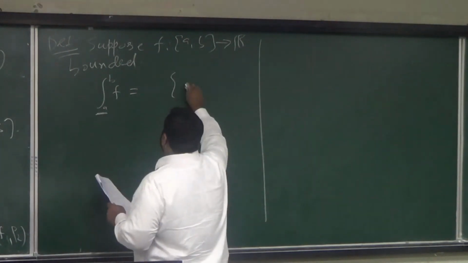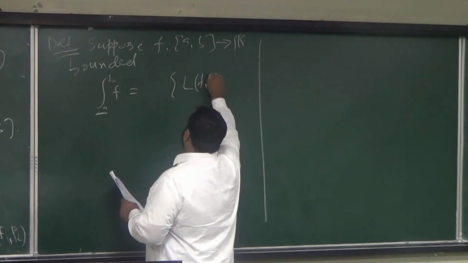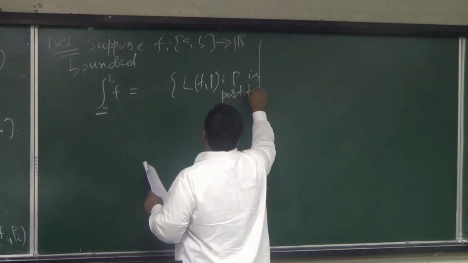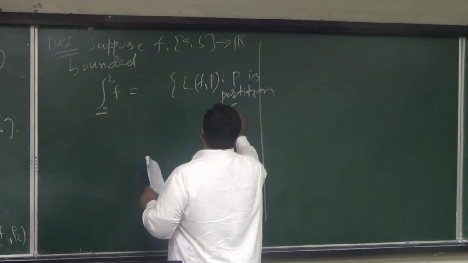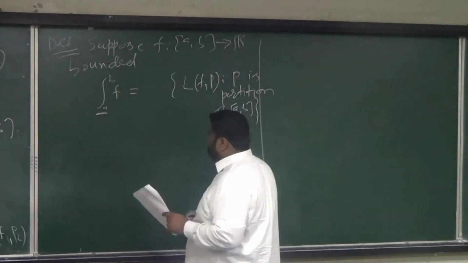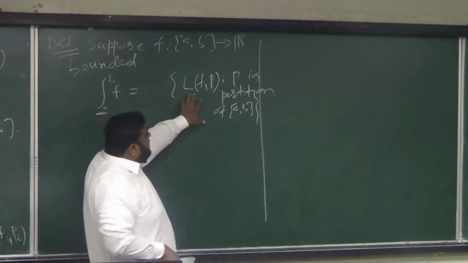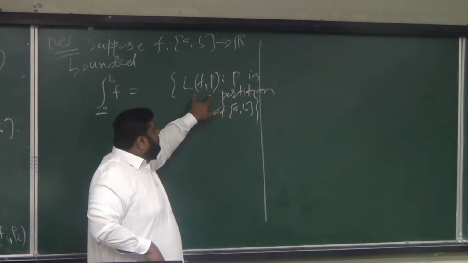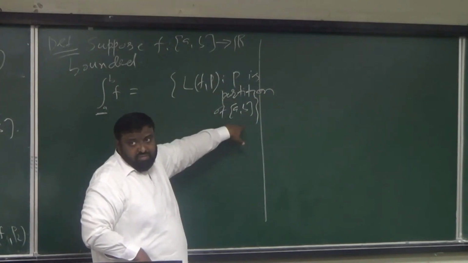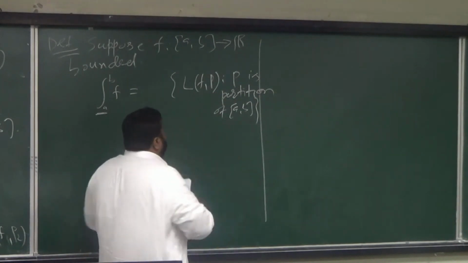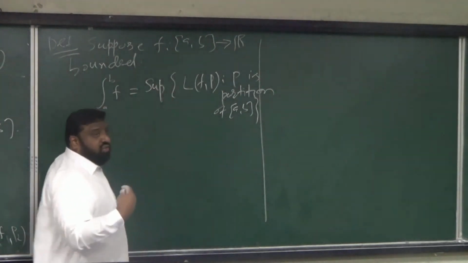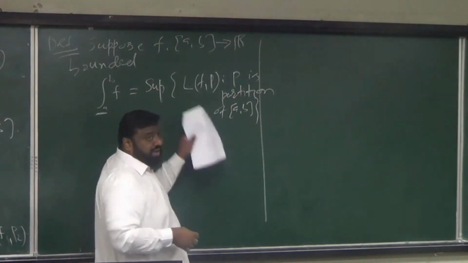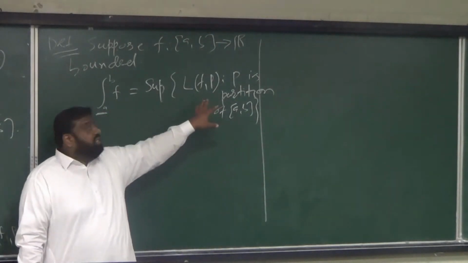You take the LFP over P, a partition of A to B. So this set is the set of all lower sums that you can make through any partition P of the interval A to B. And take their supremum. See which partition is giving you the maximum value of LFP, and whatever this value is, that's what it is going to contain.